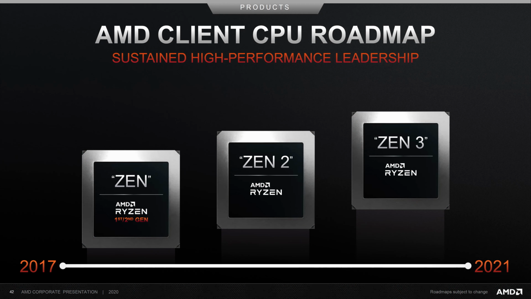So, launch date. Like I said, I really, truly do not think that AMD is going to launch any products on the 8th. I think it's going to be an architecture debut. I may be wrong. I may be right. But in my opinion, it's an architecture debut.